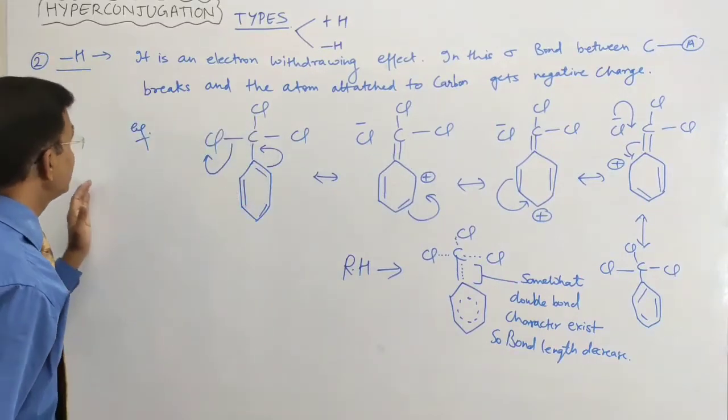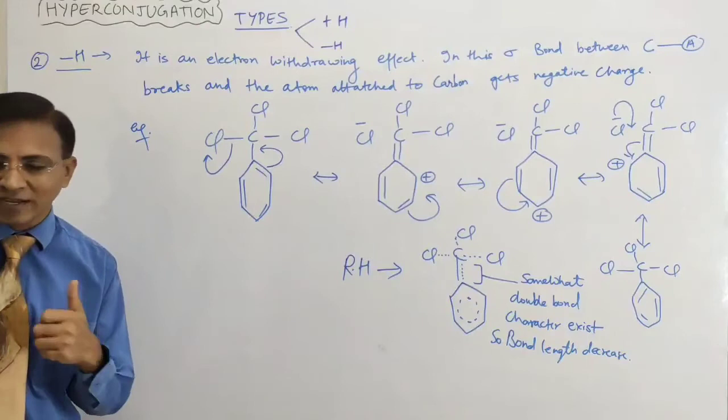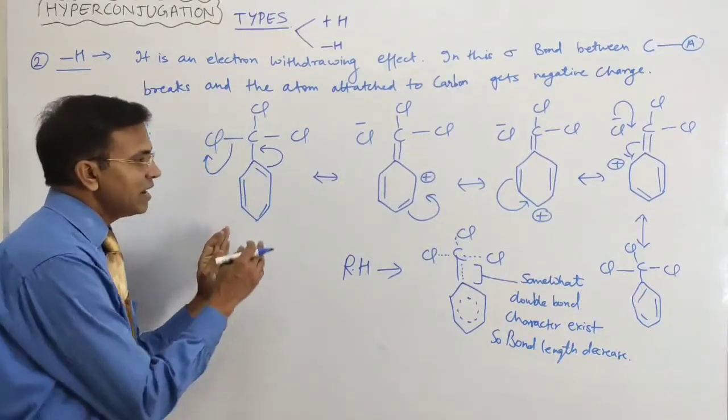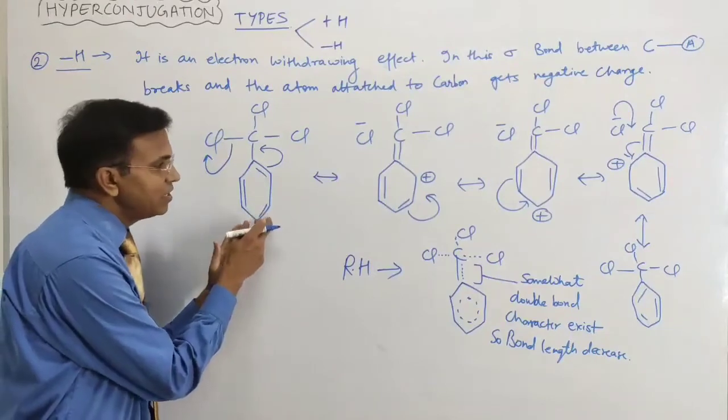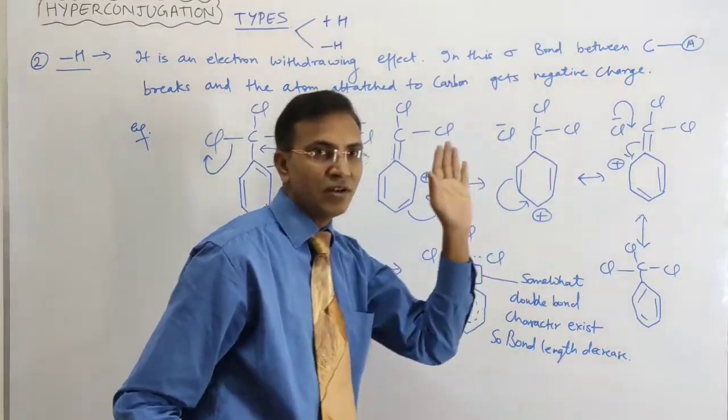So bond length decreases, right? So this is the minus H hyperconjugation effect, the minus H effect. You may observe here that because of the minus H effect, the electron density in the benzene ring decreases at the ortho and para positions, right?